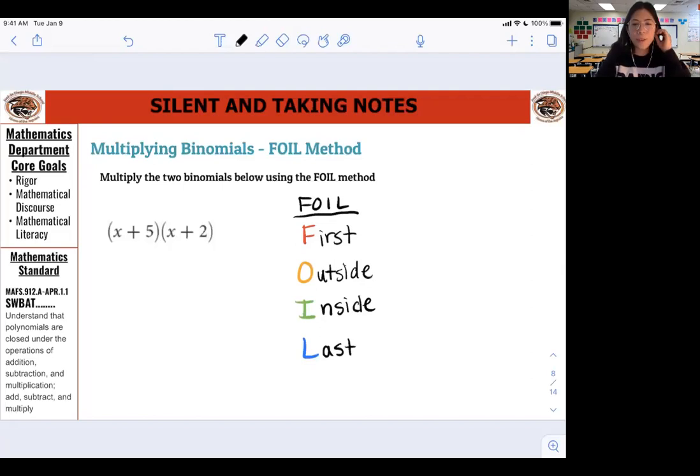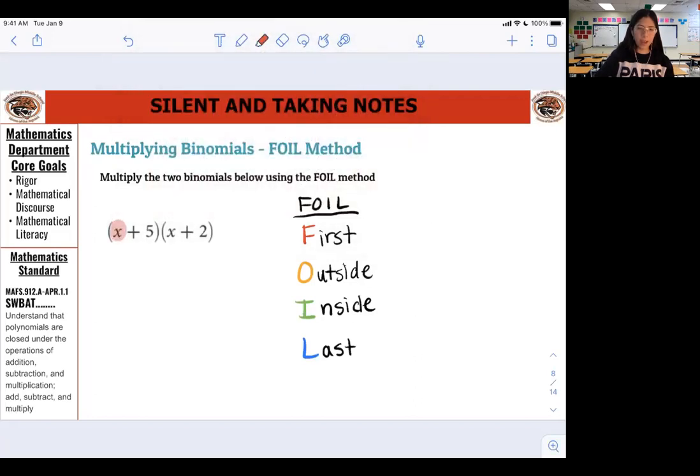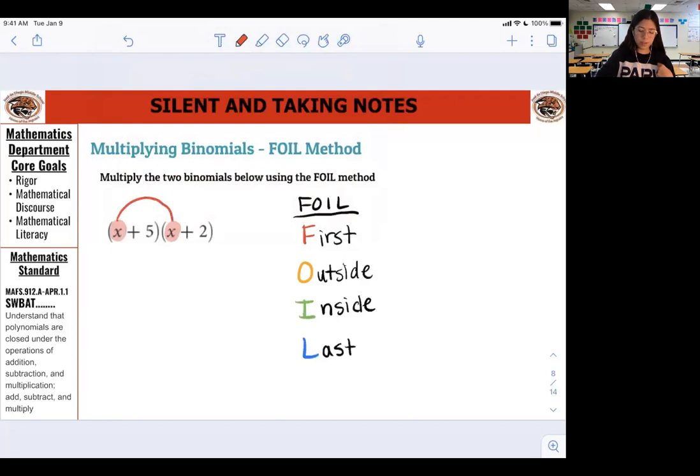Okay, so first, outside, inside, last. So here's how it goes. First just means the first value in the first binomial and the first value in the second binomial. So I'm doing the first number times the first number. So first times first, what would I get?